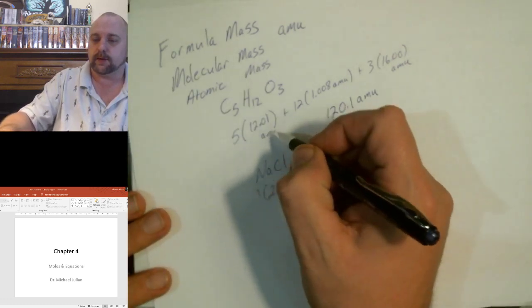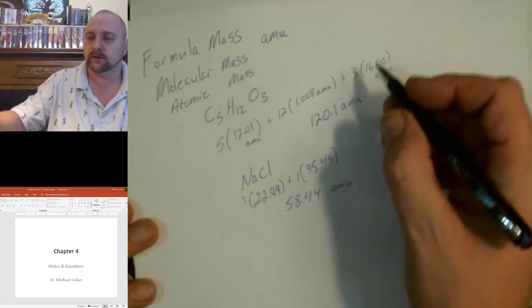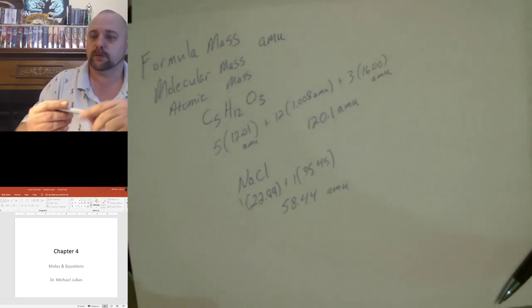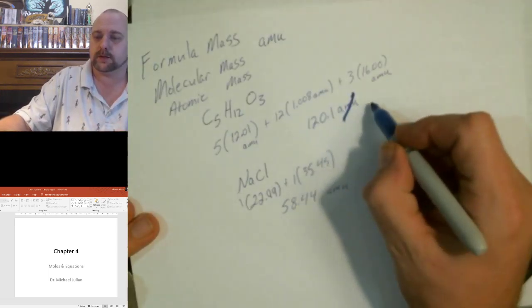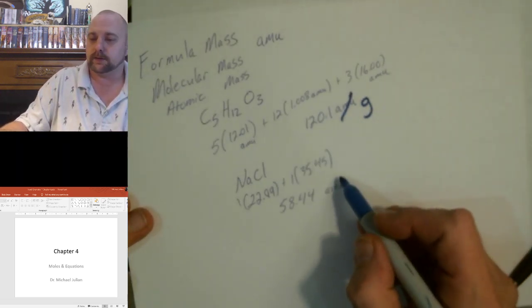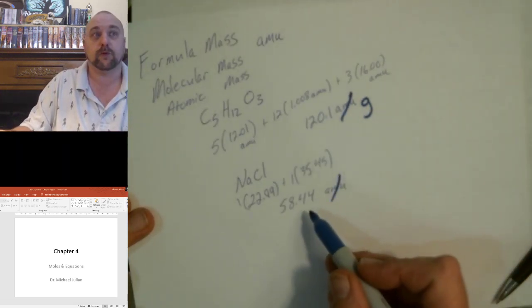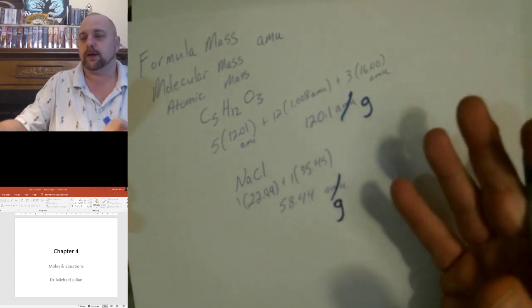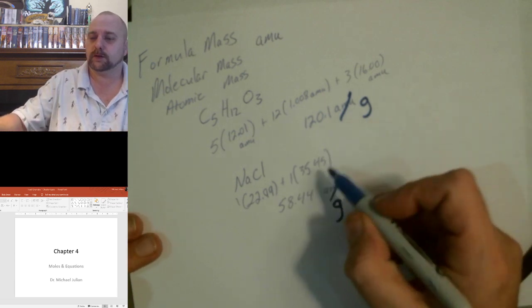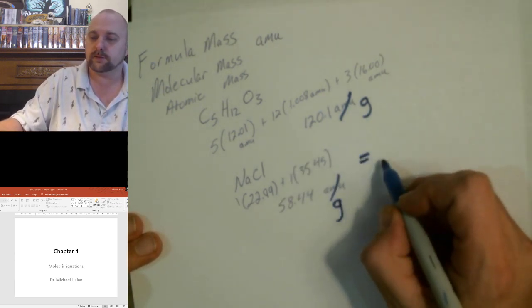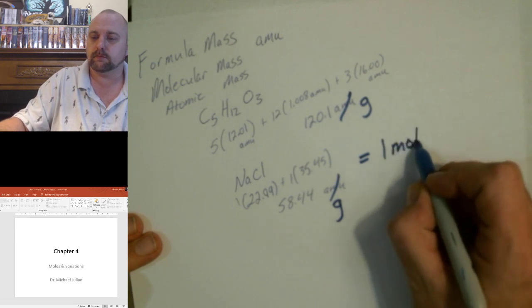And so if I change this, instead of 58.44 AMU, I'm going to change that to grams. If I get 58.44 grams of NaCl, now I have a collection of formula units, and this is referred to as 1 mole.